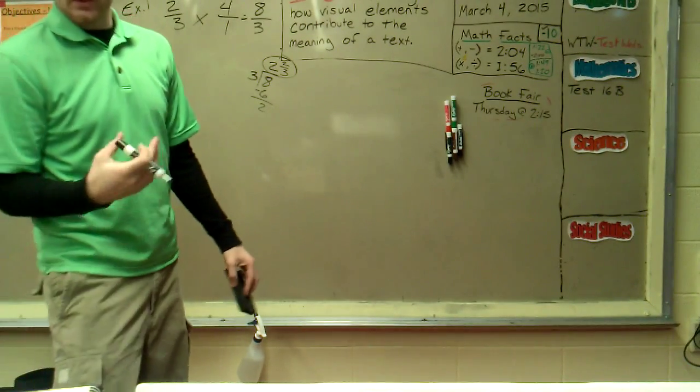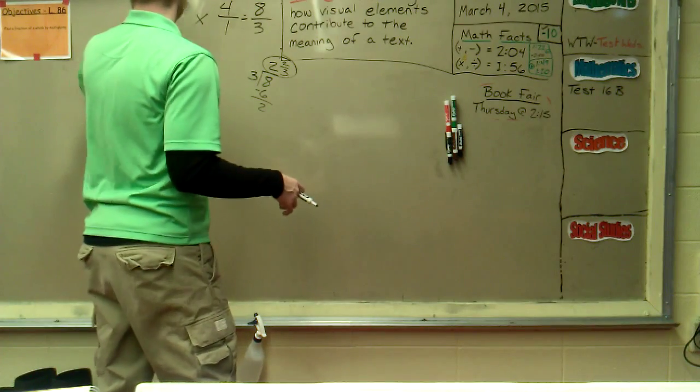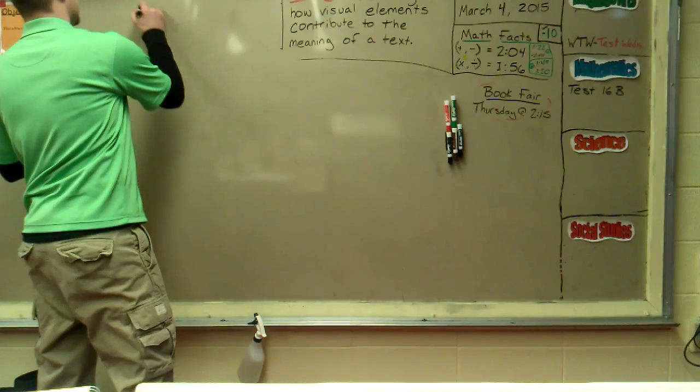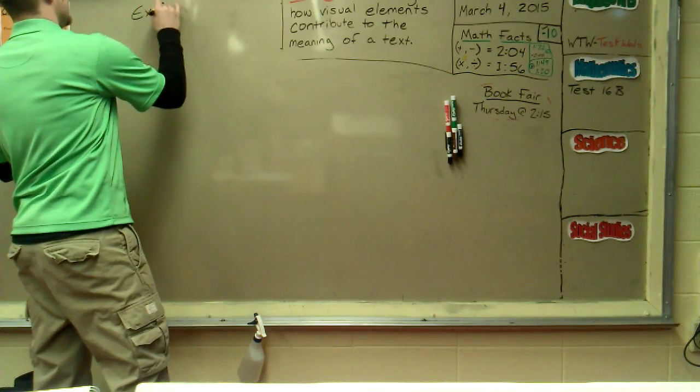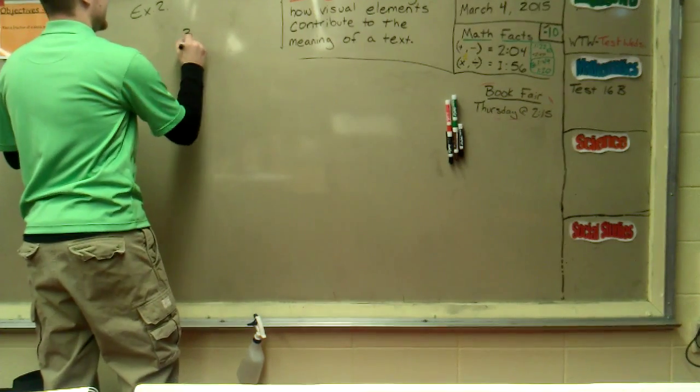Okay, we're going to do an example. Let's do 3/5 times 2. Or this is a practice problem. You will write this for example number 2. Again, the problem is 3/5 times 2.